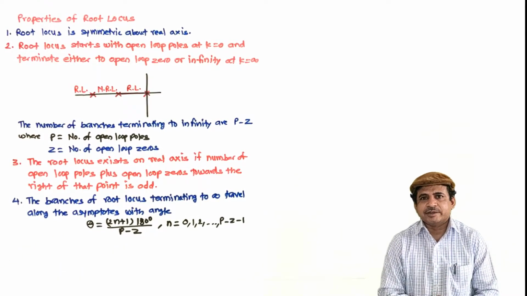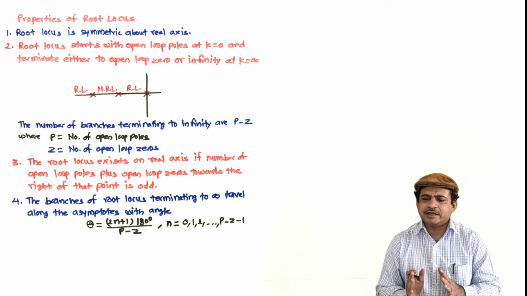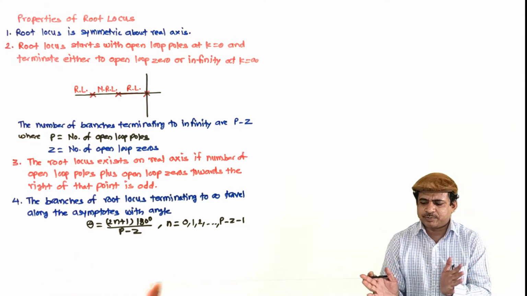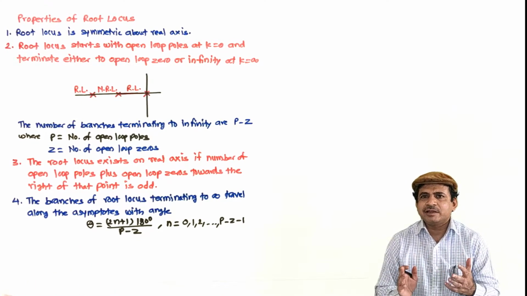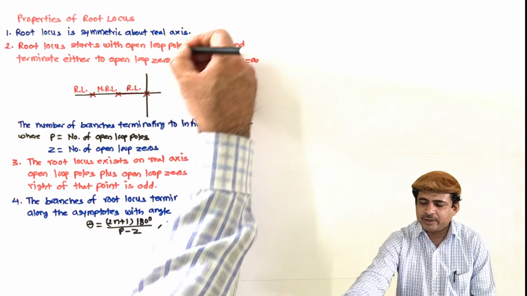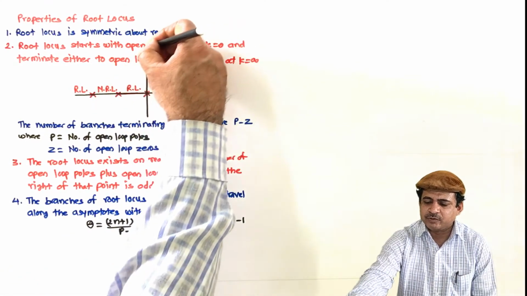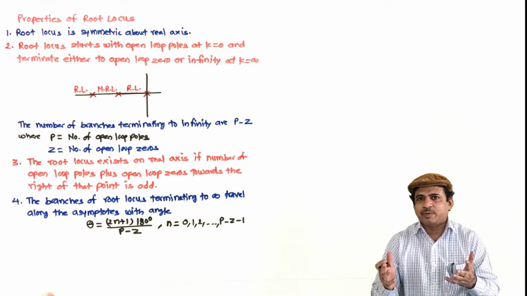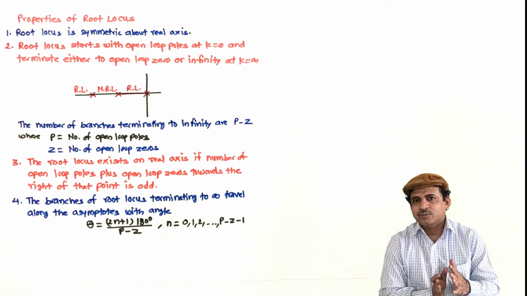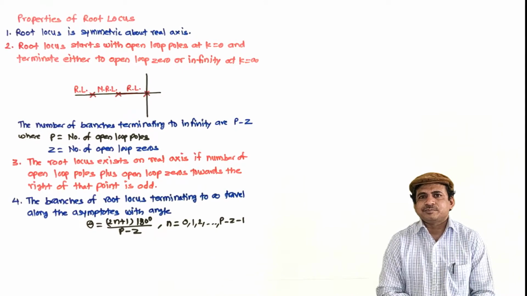Now the next question comes: yes, they are the asymptotes, they are moving at particular angles, but where will they originate, whether from this point they will move at 60 degrees or from this point. There is a possibility of infinite such points from where they can move with this angle.